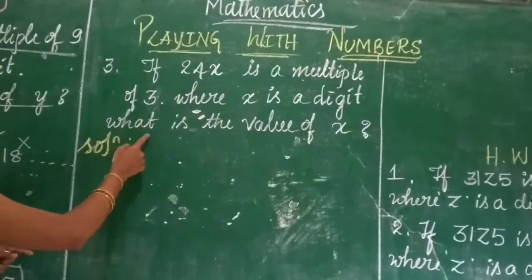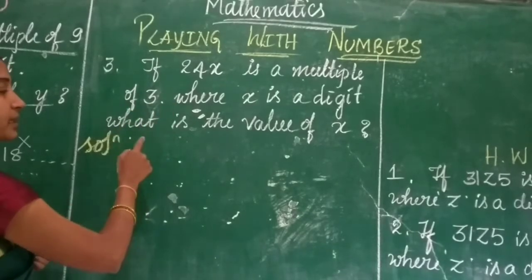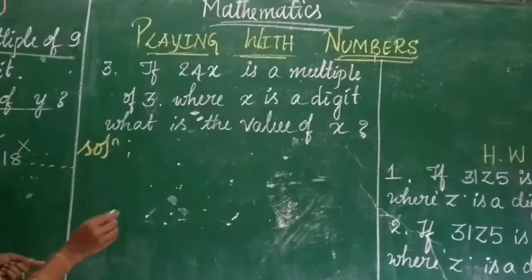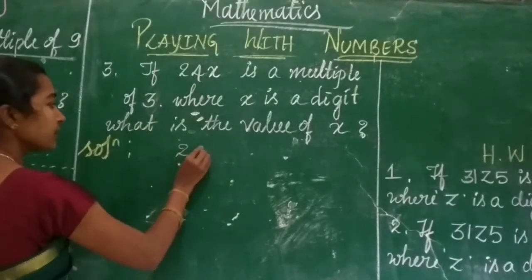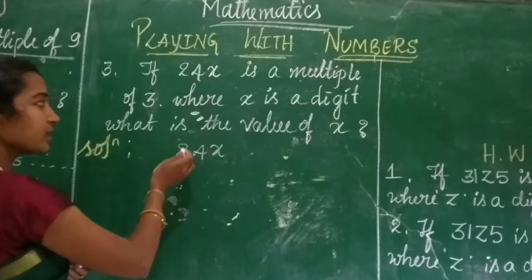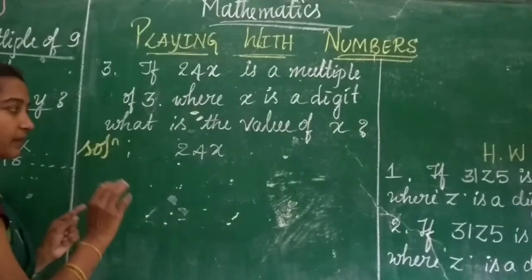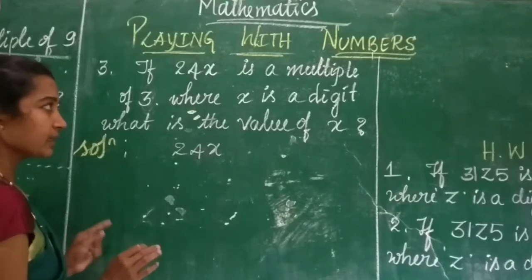This problem is based on divisibility by 3. According to the divisibility by 3 rule, if the sum of the digits of the number is divisible by 3, the number is completely divisible by 3.